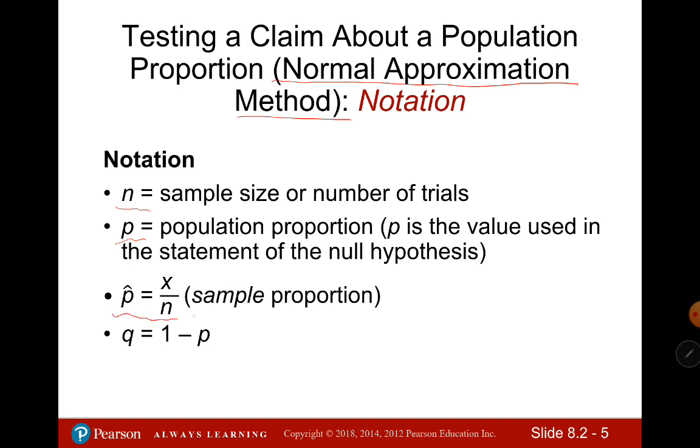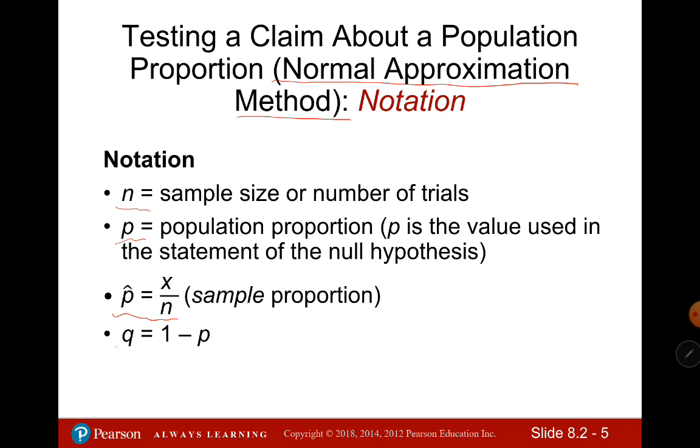We have another, p hat. The p with hat, that will be the statistic, the estimator, right? So it's from the sample. We call it a sample proportion. How can we get the sample proportion? We use x divided by the total number.